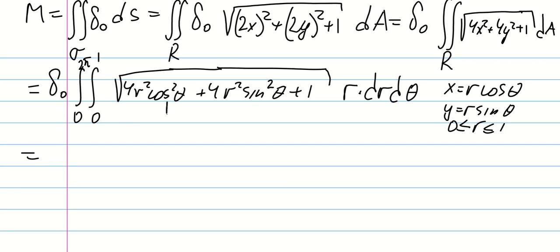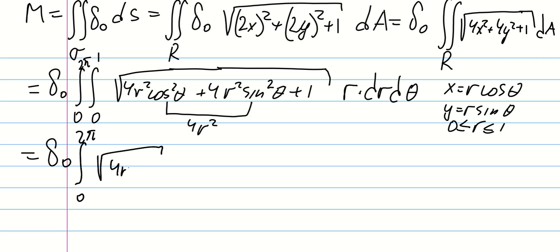Okay, so we know that these two terms together will just give us 4r squared. So it's going to be delta sub 0 integral from 0 to 2 pi of the square root of 4r squared plus 1, because this is just 4r squared and 1 comes down. We have r dr d theta.